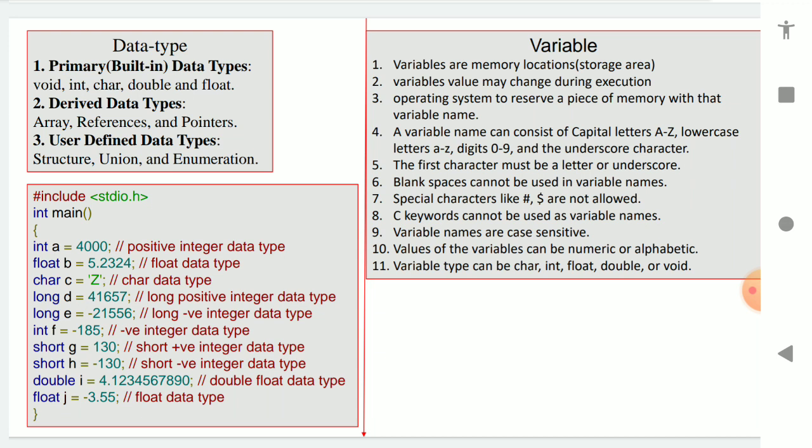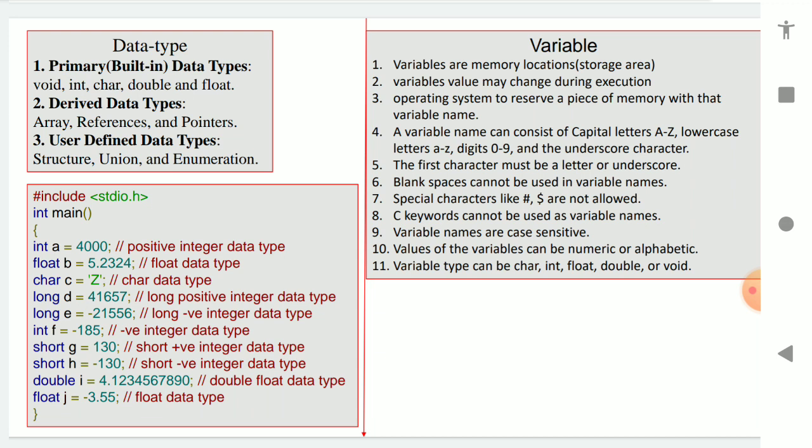Fourth, a variable name can consist of capital letters A to Z, small letters a to z, digits 0 to 9, and the underscore character. The first character must be a letter or underscore.